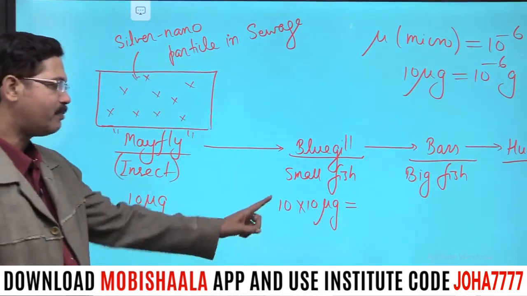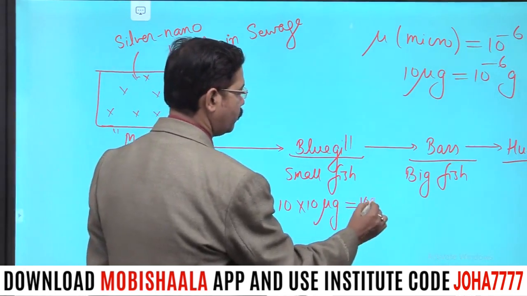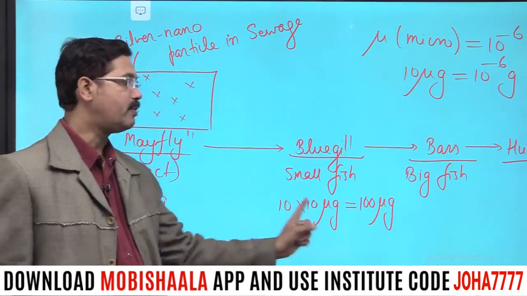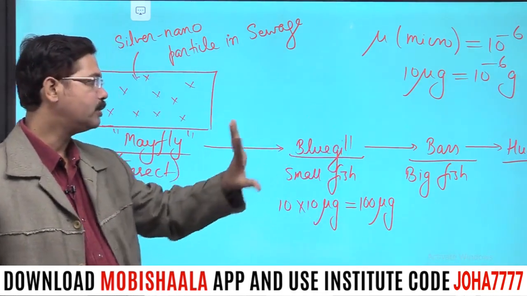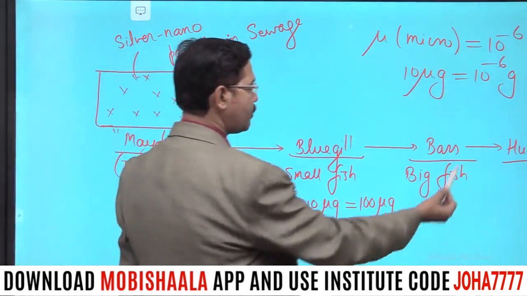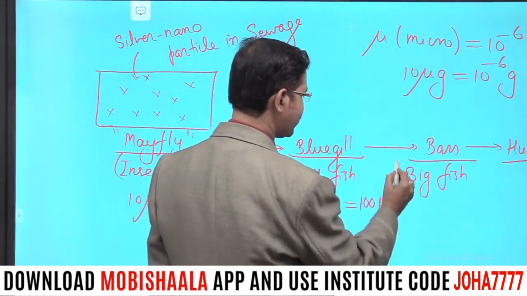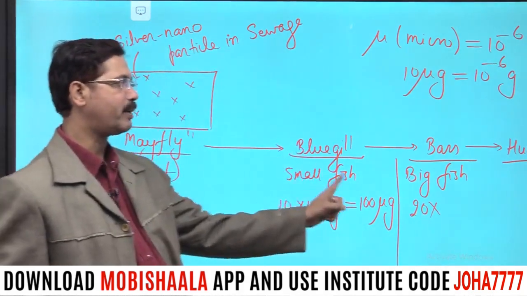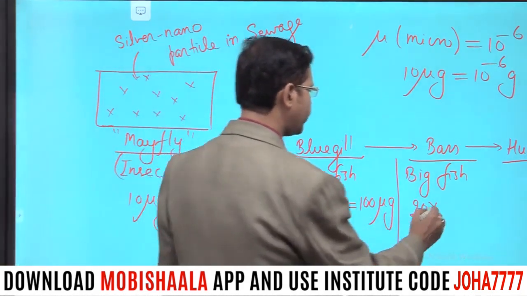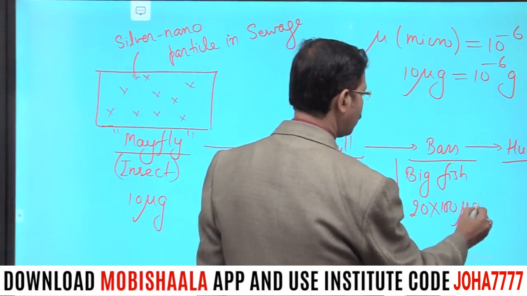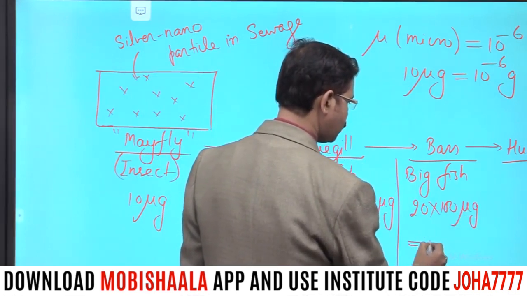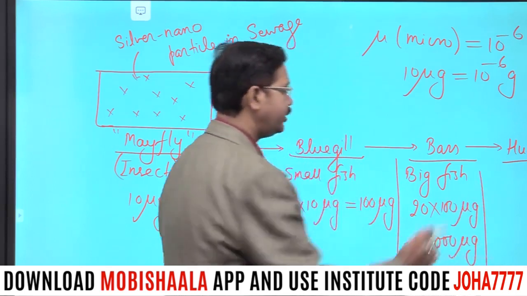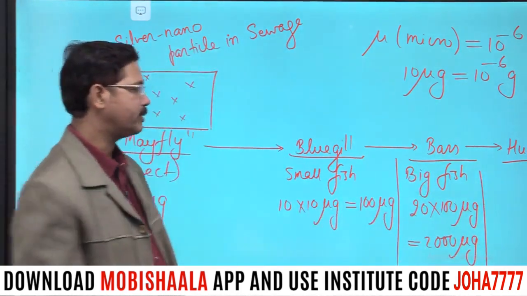So it has multiplied by 100 times. 100 microgram silver nanoparticle deposit in the bluegill. Now suppose bass has eaten 20 small fishes, so 20 into 100 microgram, equals 2000 microgram silver nanoparticle that goes to the bass, that is the big fish.